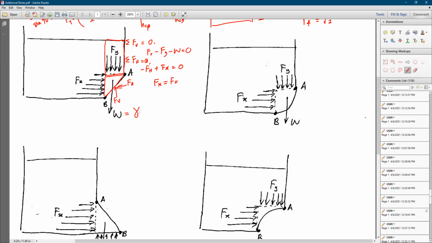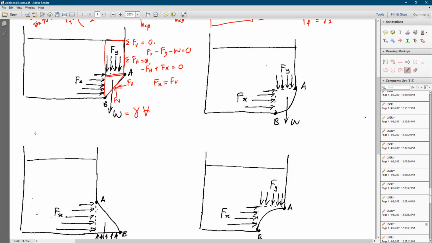If it is water, you need gamma water. If you have a different fluid, then you need to multiply by the specific gravity, or SG, of that particular fluid. I hope you still remember that part. Now we consider this as water, so you have gamma times the volume of these shapes.